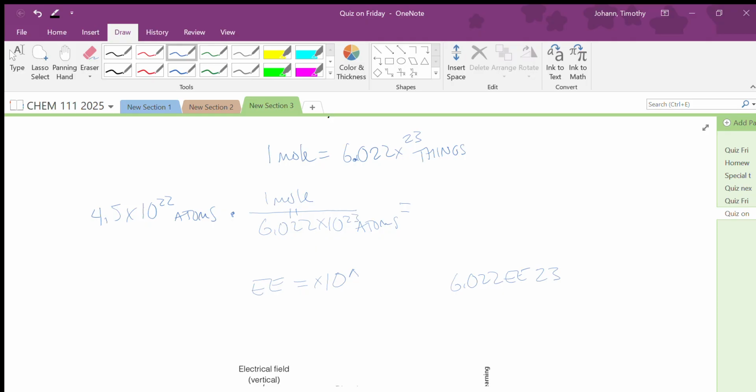All right, so I've got 4.5 EE 22 times 1, divided by 6.022 EE 23. Oops, I didn't press my divide or something. 4.5 EE 22 times 1 divided by 6.022 EE 23.